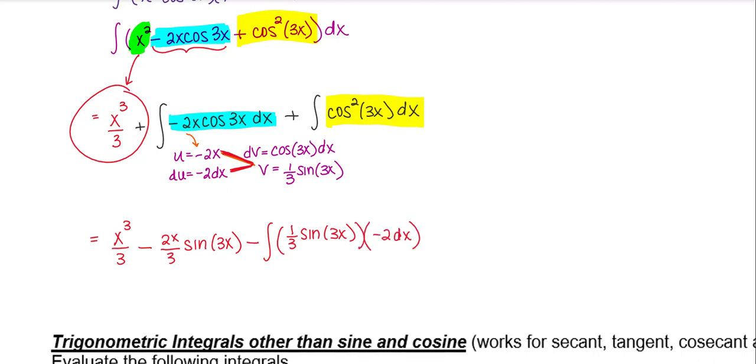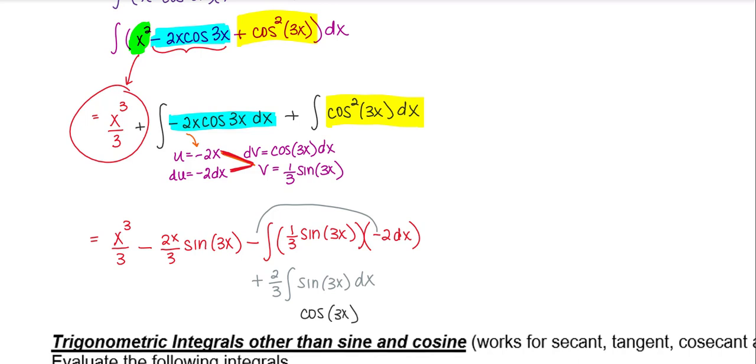Okay? And then I will integrate the last term here in a minute. I'm just going to continue with this one for a second here. So this is going to become plus, because you have a -2 times the negative, and there's going to be a 2/3 as a coefficient of sine 3x dx. And I do know how to integrate that piece. This will be a cosine of 3x.